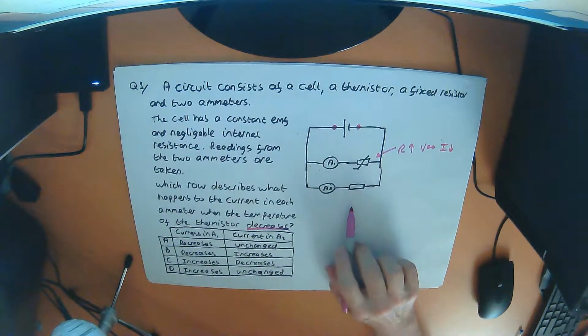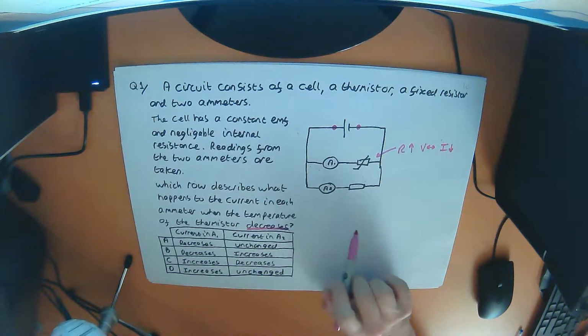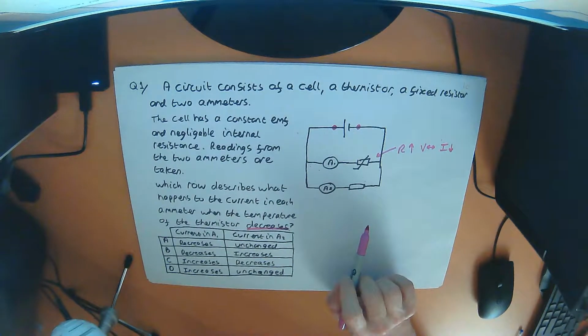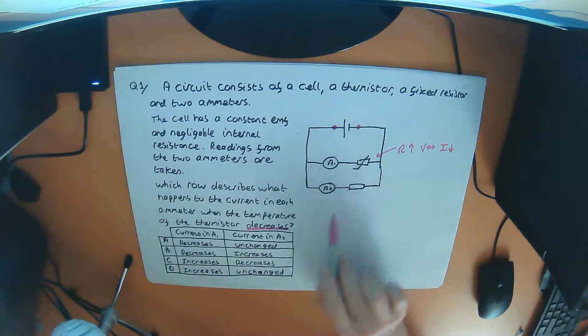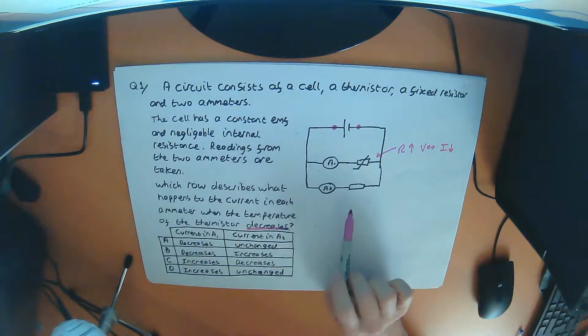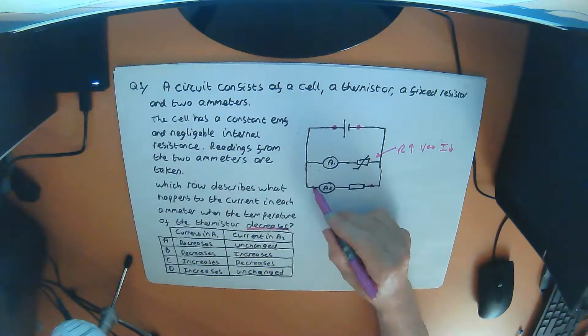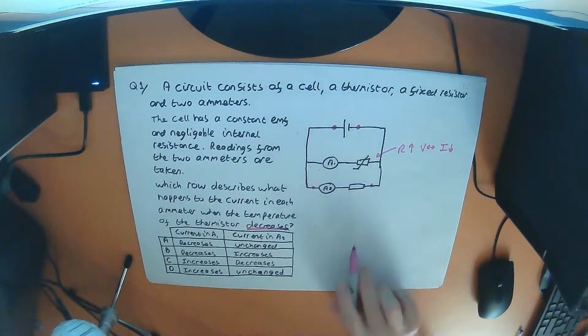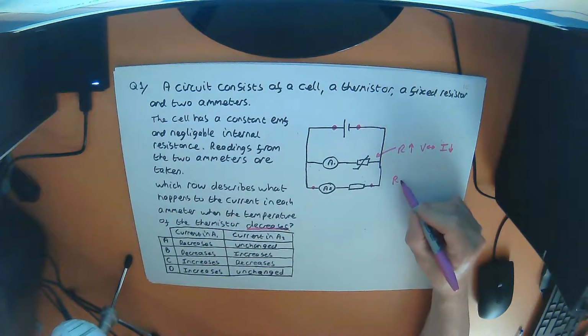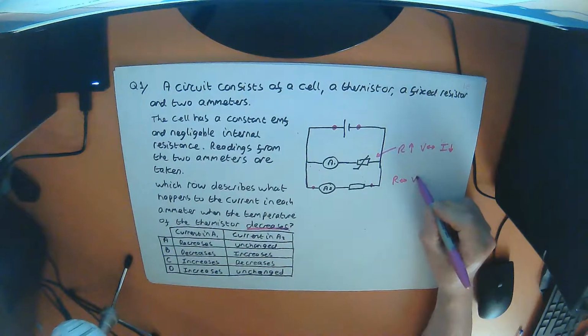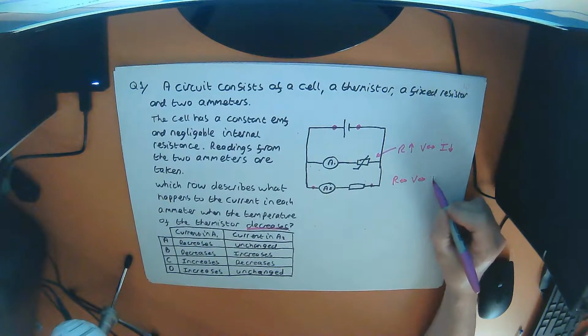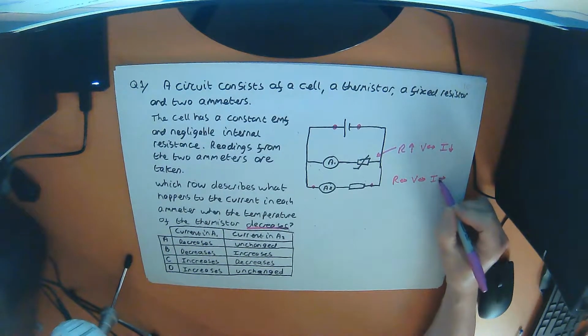For this resistor, the potential difference stays the same, and whatever happens here has no effect whatsoever on the current flowing through this resistor. The potential difference between here and here will not be affected by what happens in this branch. And so R stays the same, V stays the same, I stays the same.